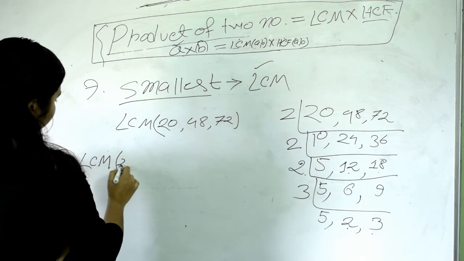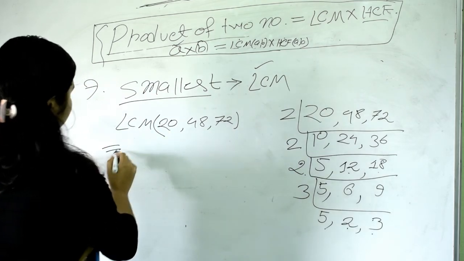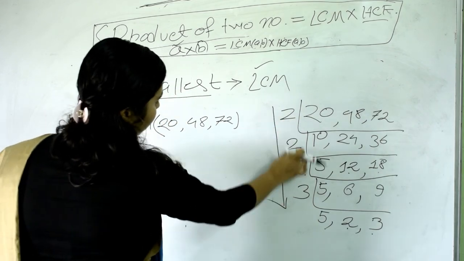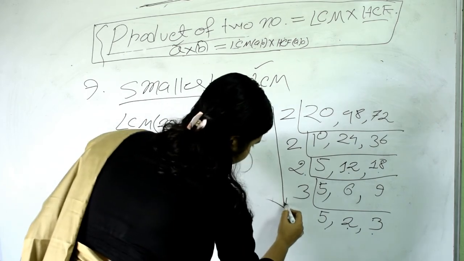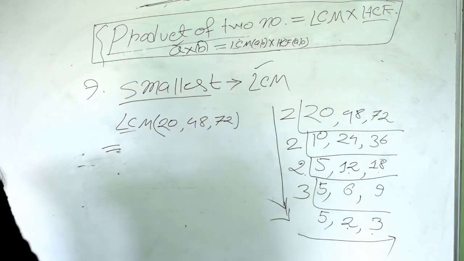Now the LCM of 20, 48 and 72 is equal to, for HCF you just have to take only the common factors, and for LCM we also have to take the common factors including the last row.